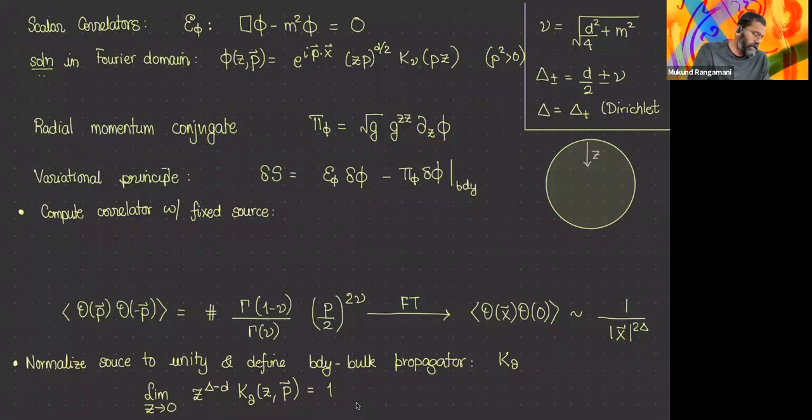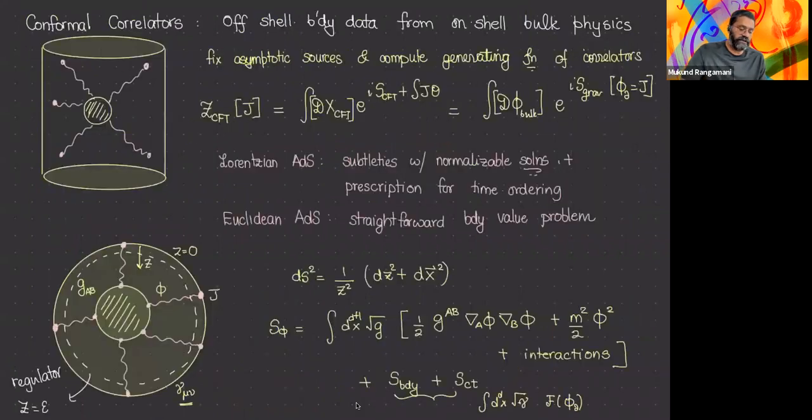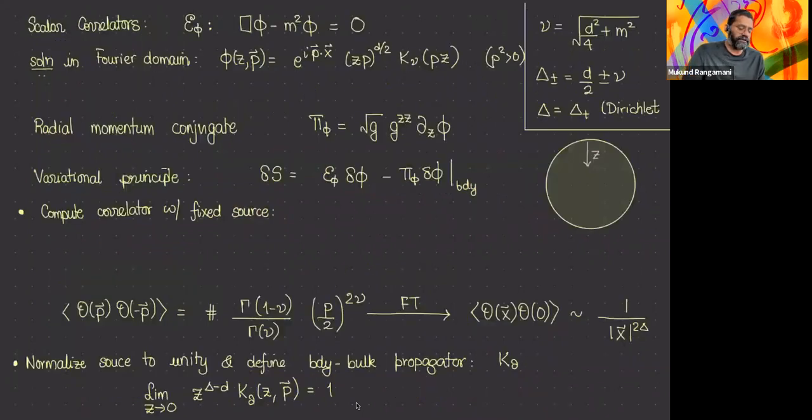And then you can just compute the variation of the action. You'll get the usual piece, which is the equation of motion times the variation of the field. And then you'll get another piece coming from integration by parts. When you derive the equation of motion, you have to integrate this first term by parts, and that will give you one boundary term proportional to pi phi.